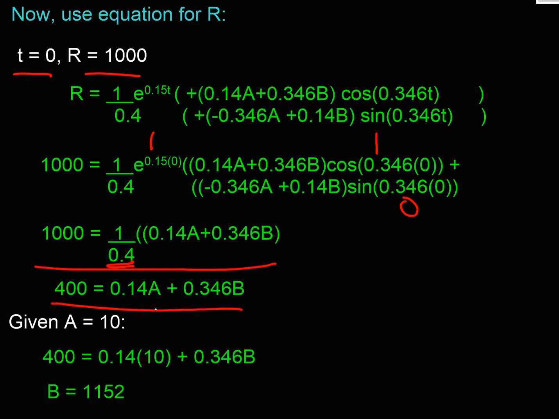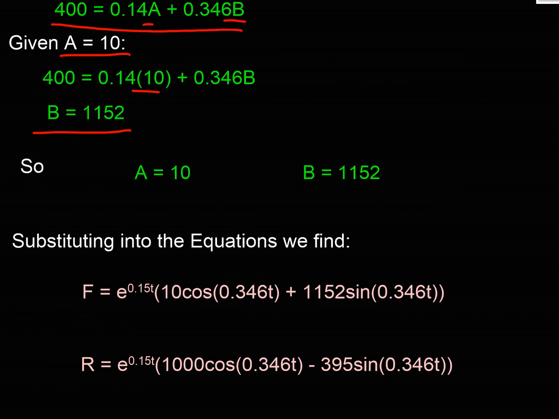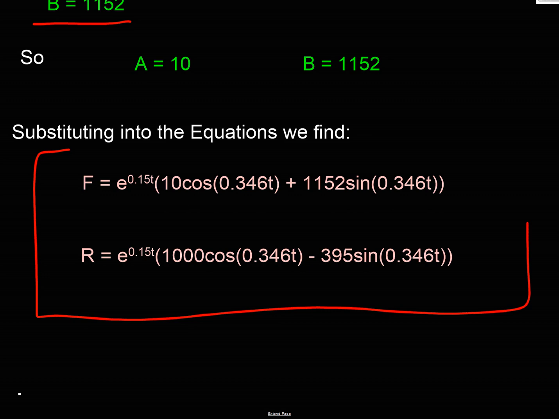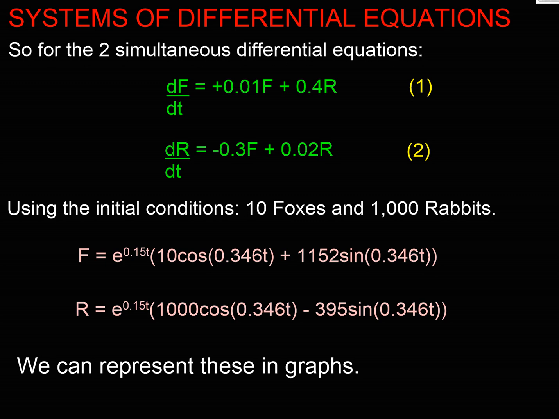And it's a combination of a's and b's, isn't it? Now I already know a is 10, so if I substitute that in, I get b equals 1152, and therefore I have my specific solutions. Having subbed those values back in, I get those two as f and r.